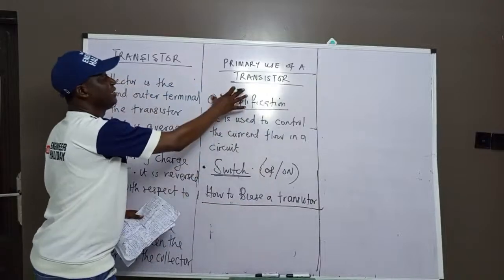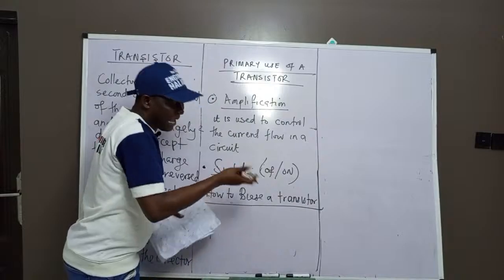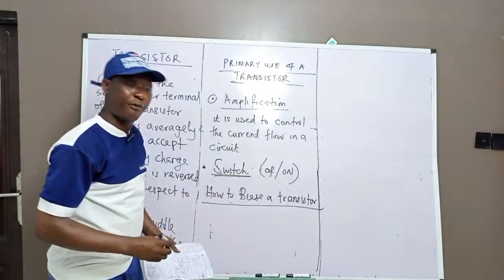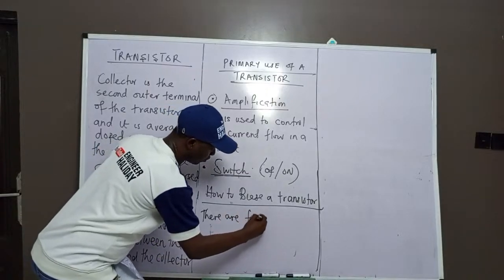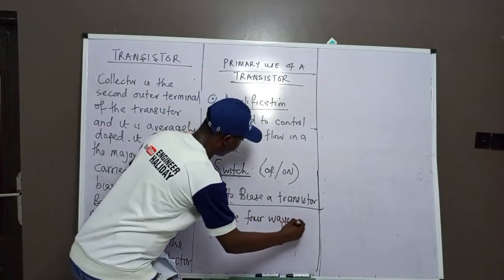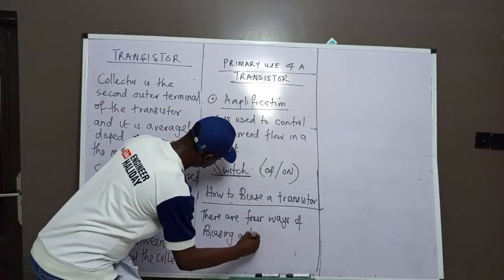In order to explain this, we need to know how to bias a transistor. Now there are 4 ways of biasing a transistor.